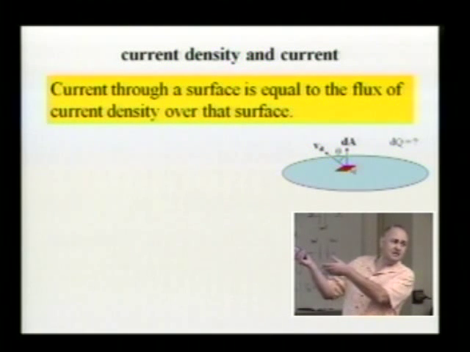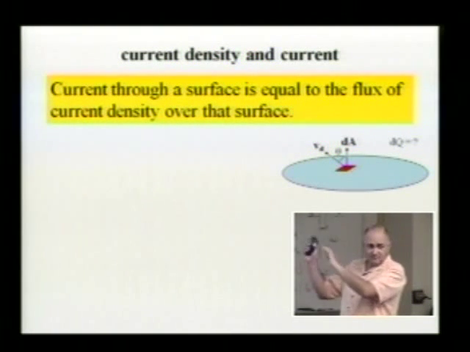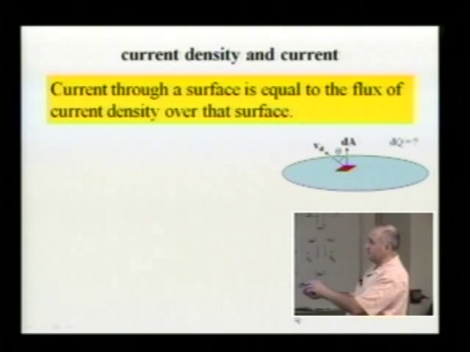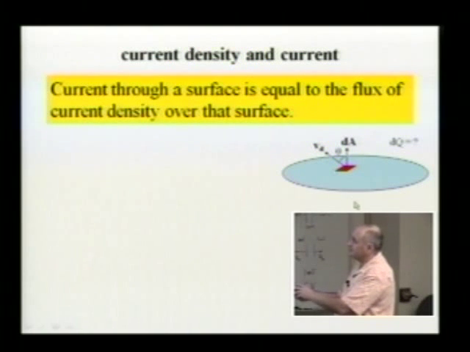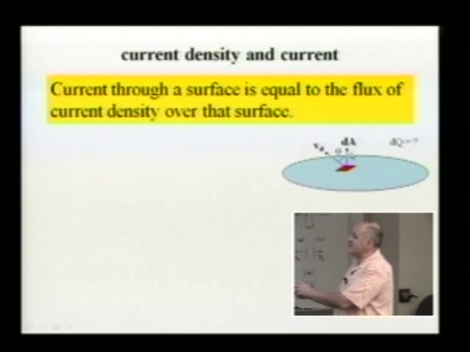I did not mark the particles because they will fog the picture. But you have to imagine that there are particles crossing the surface, and on average, particles crossing this tiny surface move in this direction, making angle theta with the surface vector, or theta with the direction normal to that surface.